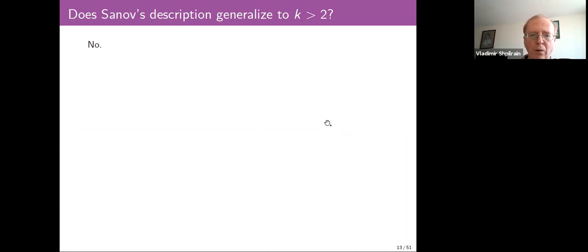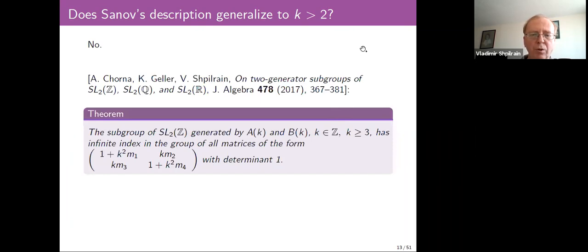But the answer is no. So in this paper, we showed that the subgroup of the special linear group over Z generated by A of k and B of k for k greater than 2 has finite index in the group of all matrices of this form. But still, it does have this form, right? So for a fast check, it is still good. You can check if your matrix has this form, and if not, then it does not belong to the subgroup in question.